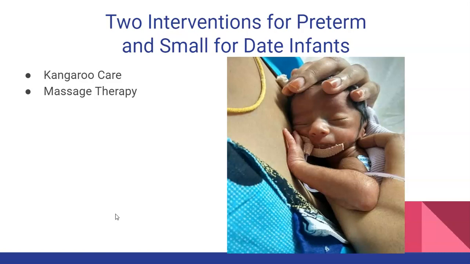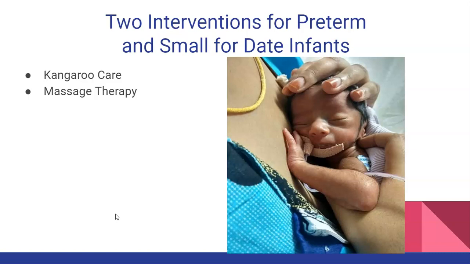Because they were born at full term, 38 to 40 weeks, they should be about 6 pounds. Anything less than that means that they're going to be small for date. You get the low birth weight, the extremely low birth weight. That's where that comes from. So small for date infants means that their birth weight is not average for the time that they were born in regards to how far along the mother was.